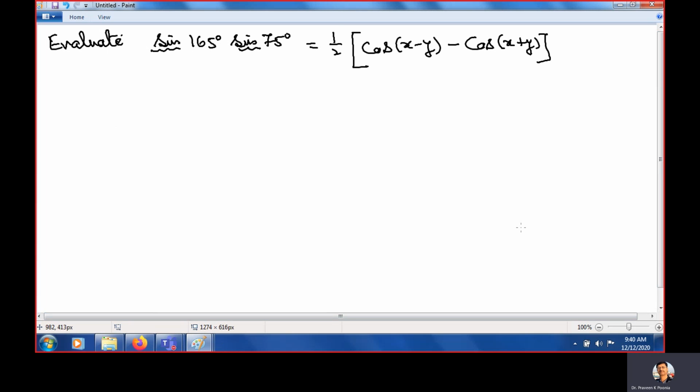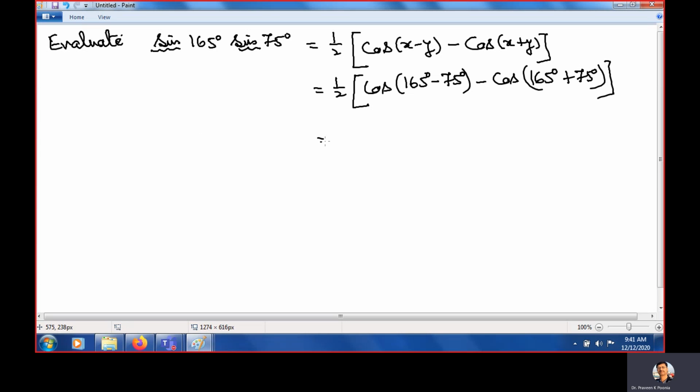Concept should be clear. 1 upon 2, put cos(165 degree minus 75 degree) minus cos(165 degree plus 75 degree). It is this one. So 1 by 2, cos 90 degree minus cos 240 degree.